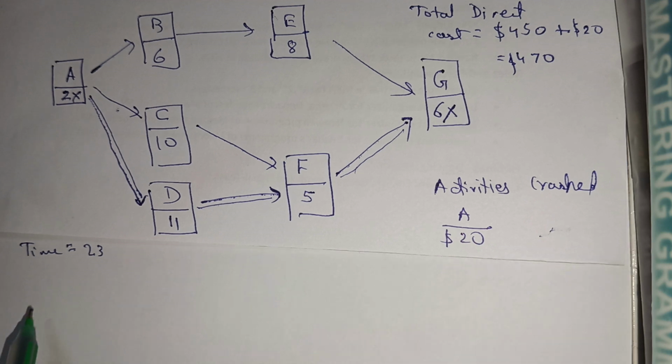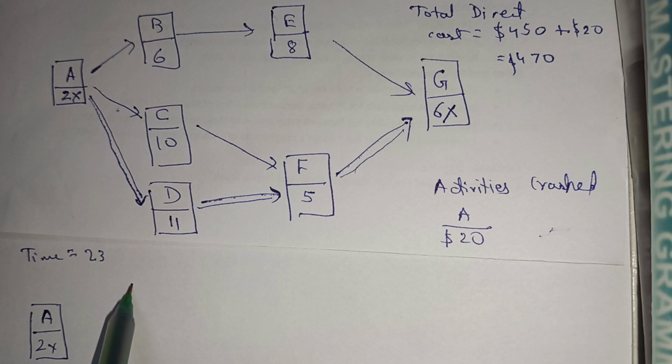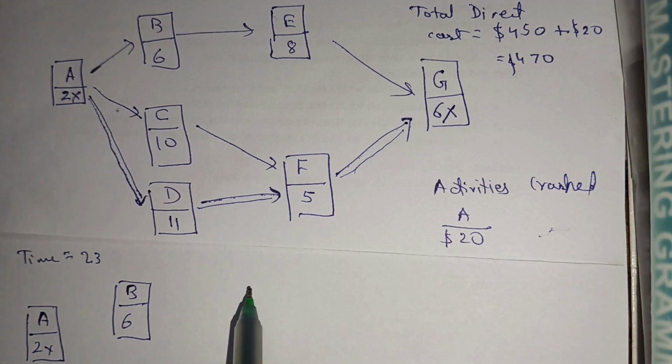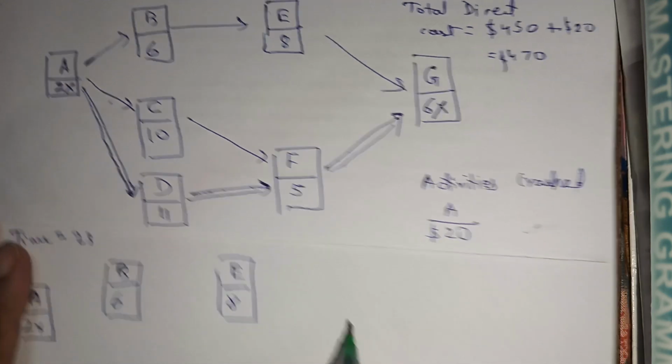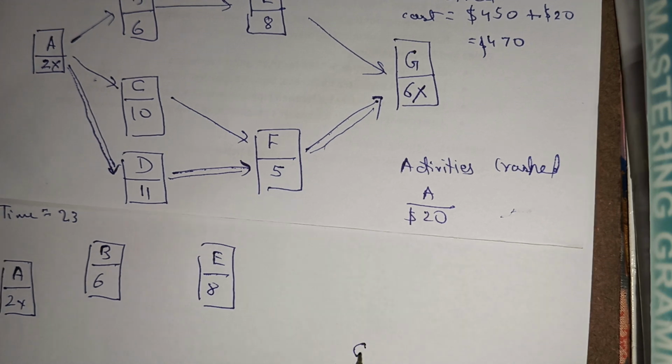So A becomes the same. A is 2x, we have utilized all the capacity, it is running at its full capacity, so we cannot crash it further. B is 6. E is 8, and G is 6.